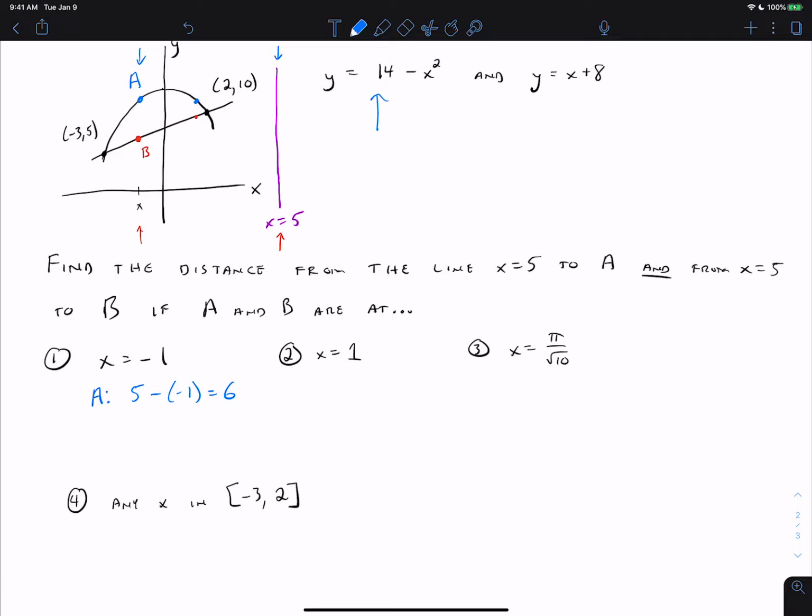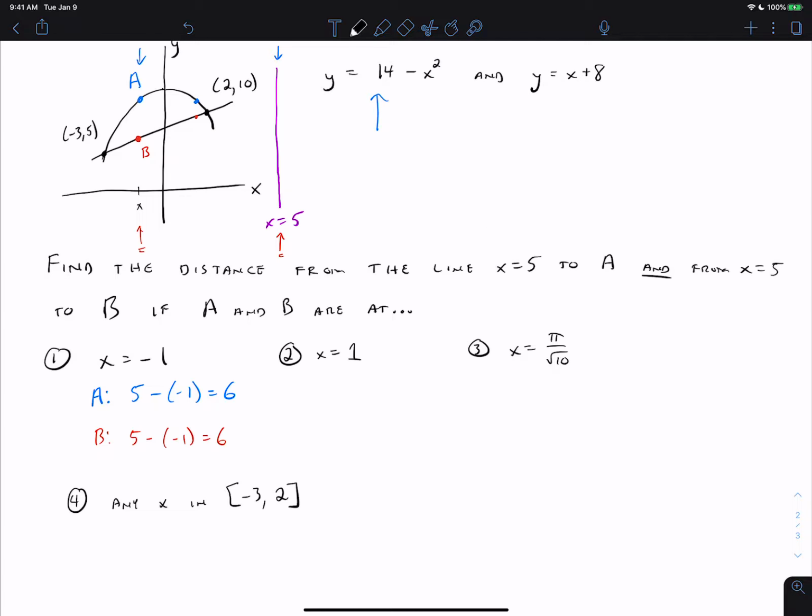You don't want the y value here. You want the right x minus the left x, and the x value is -1. What that means is point B is exactly the same thing. It's the right x, which is 5, minus the left x, which is given to you, that's -1, and so we get 6.